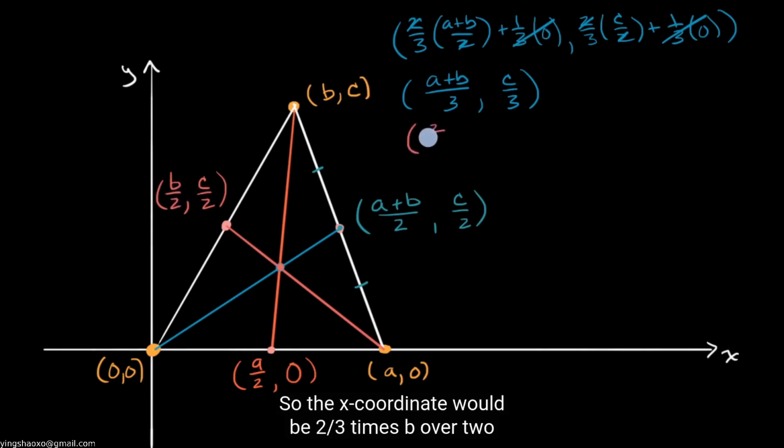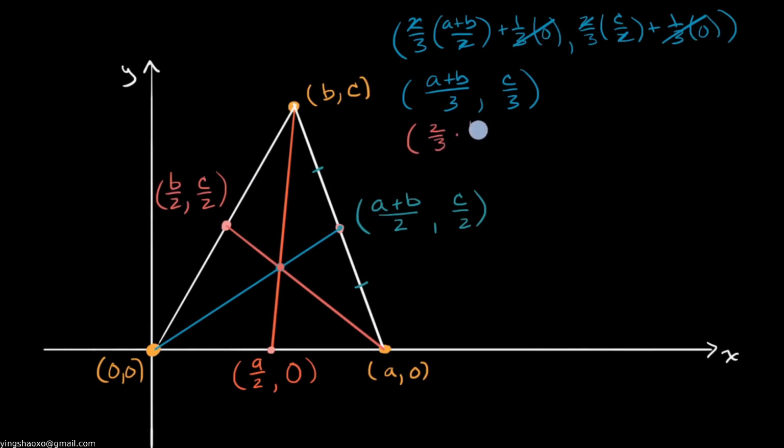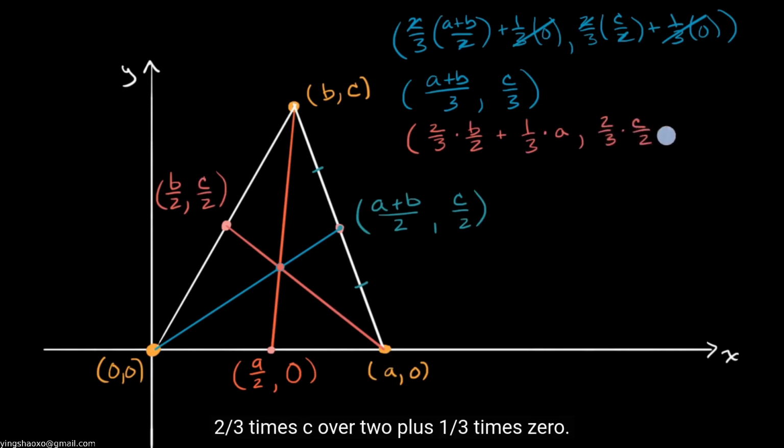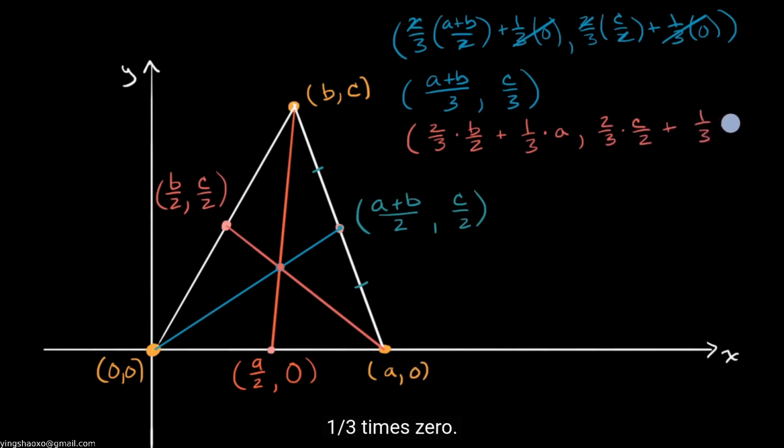So the x-coordinate would be 2/3 times b over 2 plus 1/3 times a. And then the y-coordinate would be 2/3 times c over 2 plus 1/3 times 0. And what does that get us?